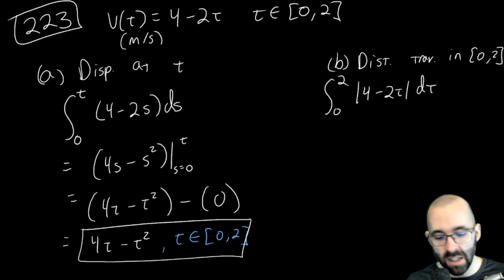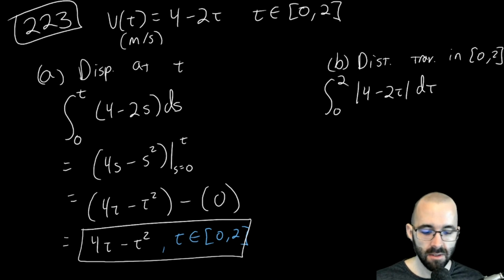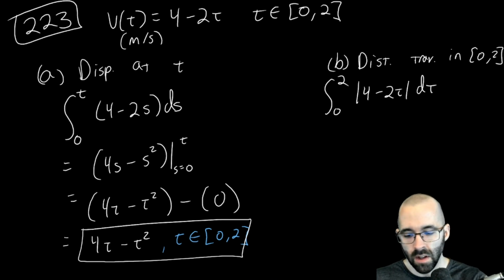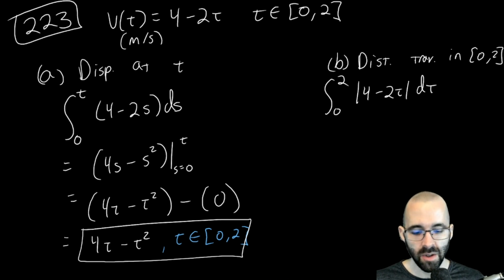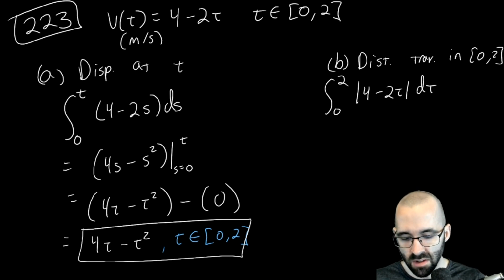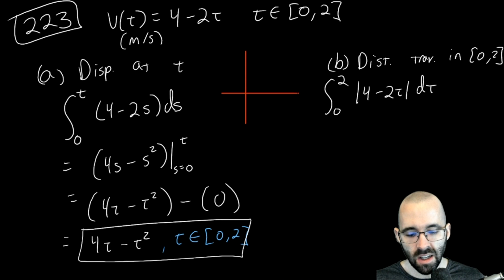And just like before, we need to split this up into two parts. You could do that and get some practice. Another fun way of doing this, which is just an opportunity to see things from a different point of view, is looking at the function 4 minus 2t.